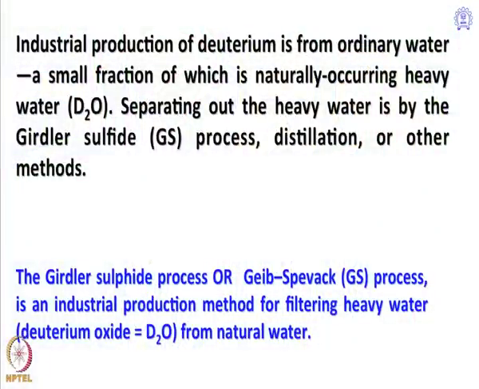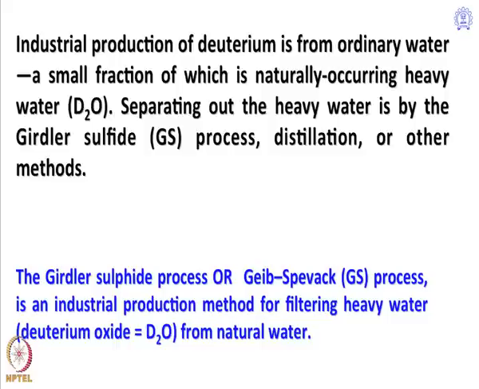Okay. So, industrial production of deuterium is from ordinary water. Ordinary water, when it is subjected to electrolysis, we get hydrogen and oxygen. For example, if we take a certain quantity of water and perform electrolysis, because of the slow rate of decomposition of D2O or heavy water, it remains concentrated at the end, and at the end we can stop the electrolysis process and D2O can be taken off.